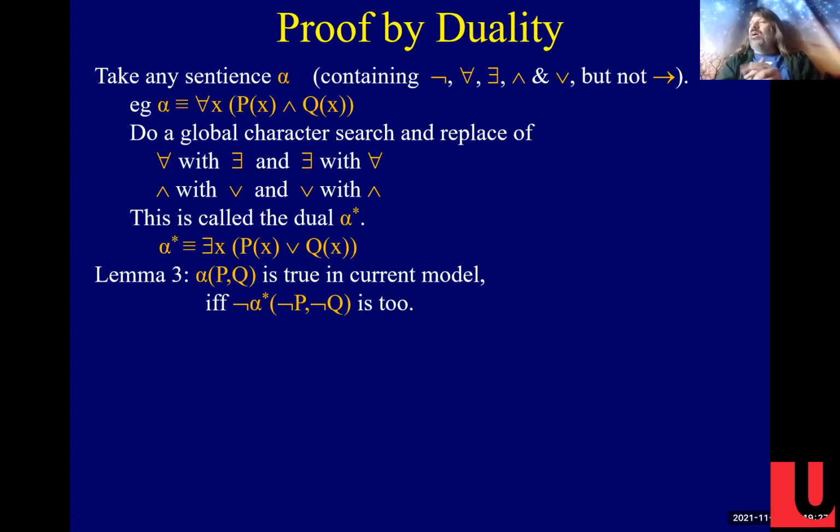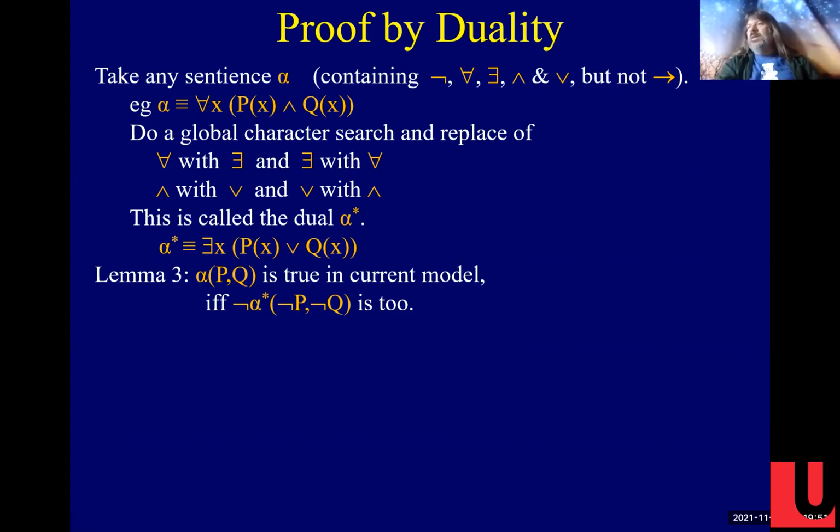But right now, it's a little trickier even, we're doing induction on the length of the sentence. How many characters in your thing? So let's assume that we've already proved that this is true for anything that's short. And now we're going to try to prove that it's true for anything that's longer.